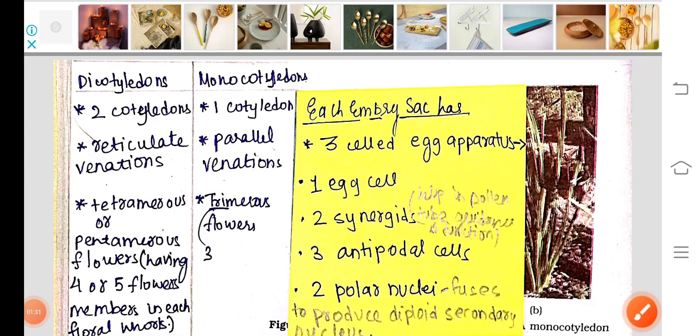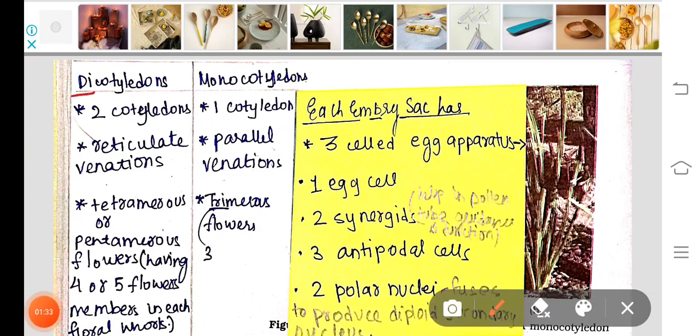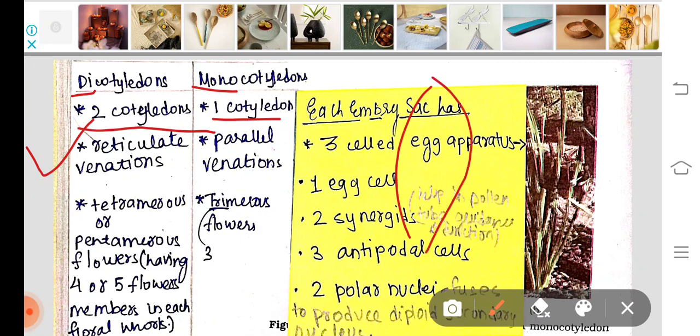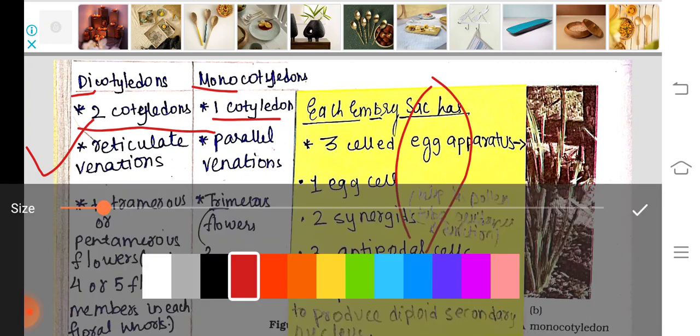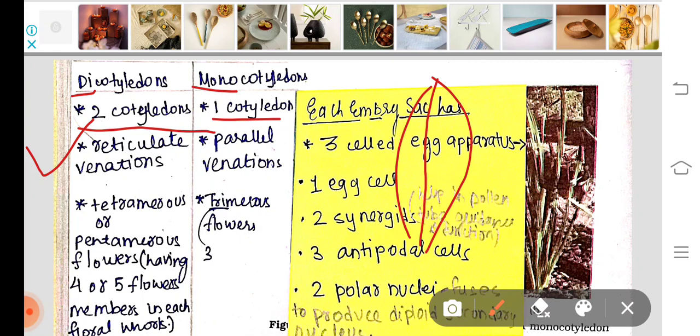So let's begin. So first of all, see, di means two. So dicotyledons have two cotyledons and monocotyledons have only one cotyledon. The dicotyledons have reticulate venations. See, what do you mean by reticulate venations? See, this is a leaf. These are the veins of the leaves.